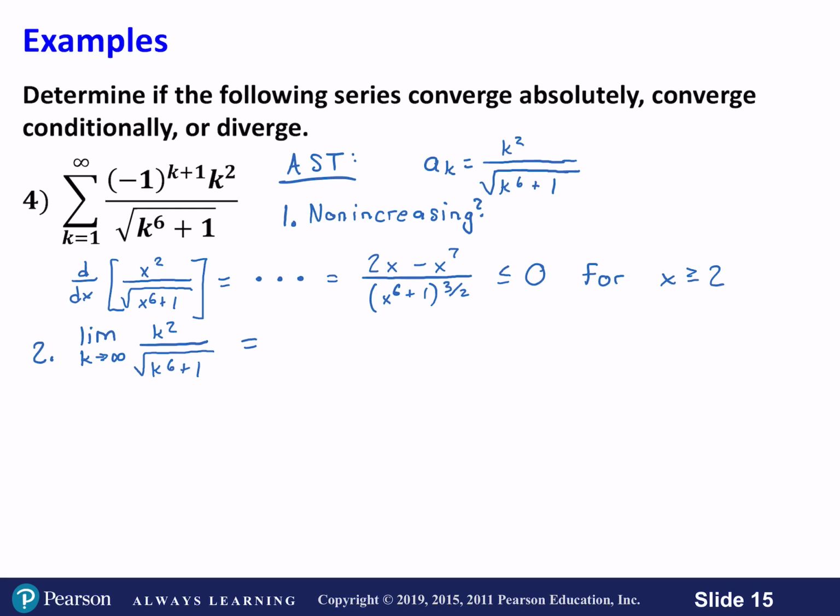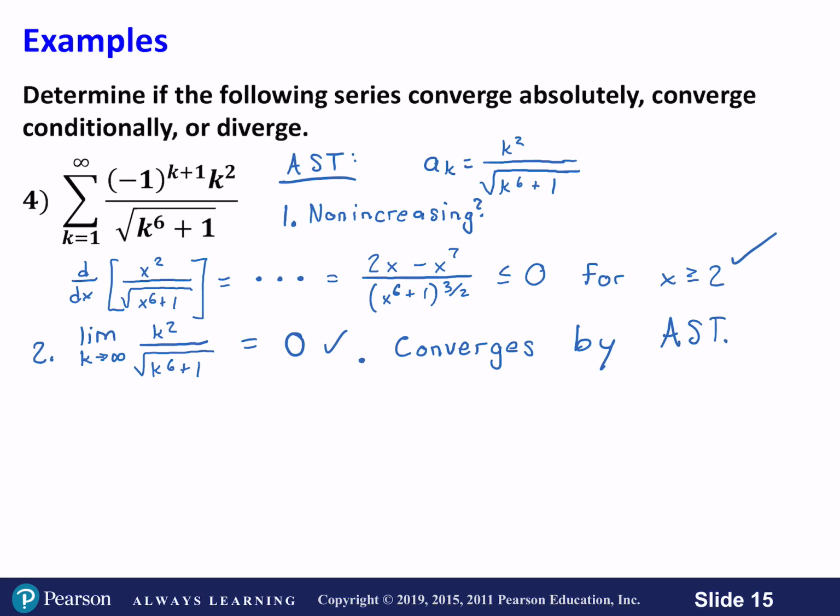So the power on top is smaller than the power on bottom. Therefore, this limit is 0, which is what we want. And so therefore, this thing converges by the alternating series test. So we are in the category where it converges.